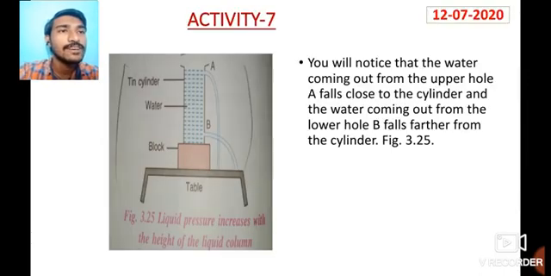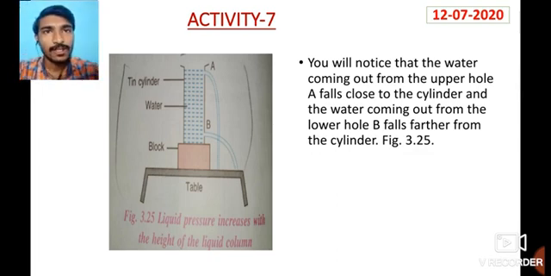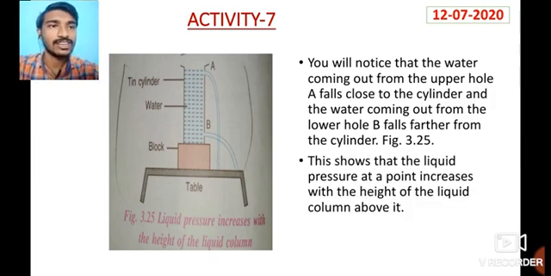You will notice that water coming out from the upper hole A falls close to the cylinder, and the water coming out from the lower hole B falls farther from the cylinder. That means when we remove the tape, water starts falling from both holes.